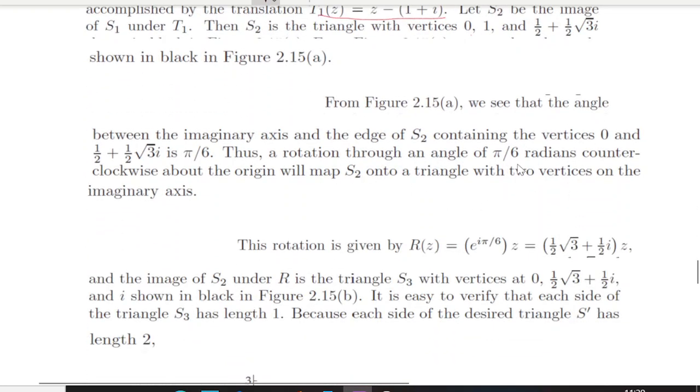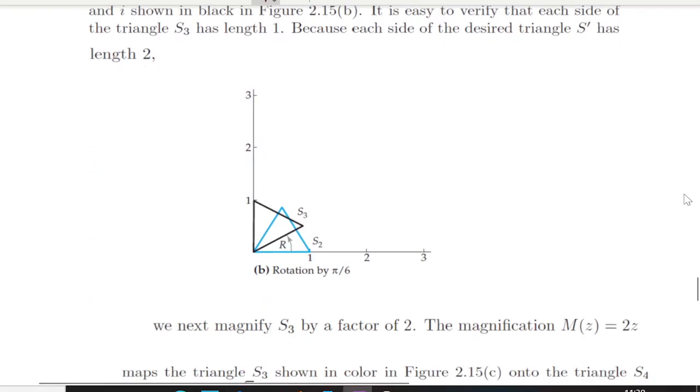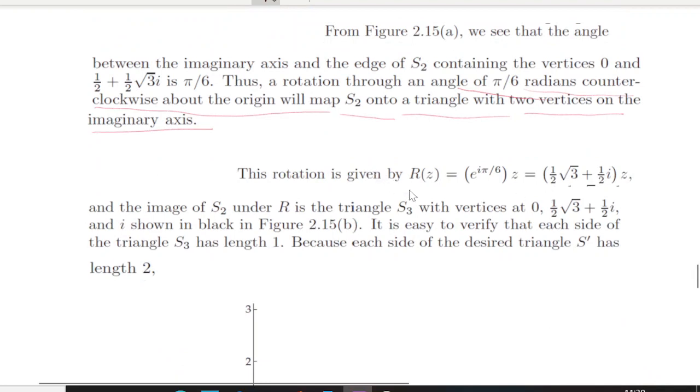See, like this, this was the previously existing one, and now we have rotated that by pi by 6, so we will get a triangle like this. Now this rotation is given by R of z equal to e raised to i pi by 6 into z.